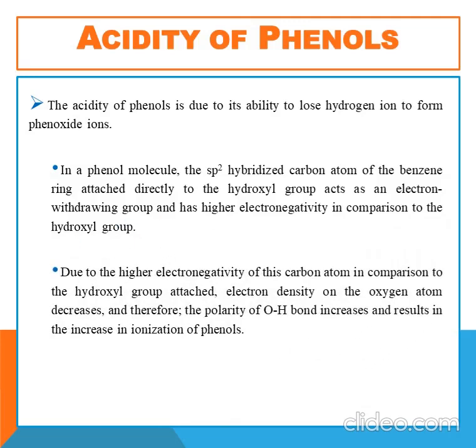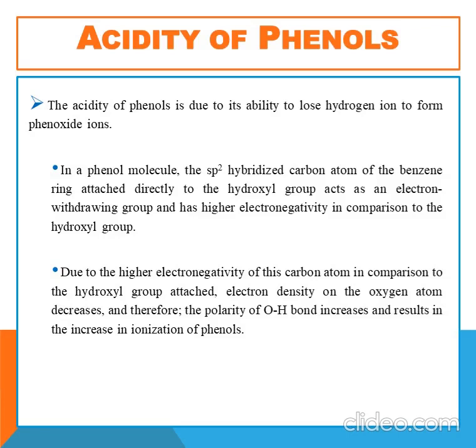Once the negative charge has been taken, what happens? Due to the higher electronegativity of this carbon atom in comparison to the hydroxyl group attached, the electron density of the oxygen atom decreases, and therefore the polarity of the OH bond increases and results in the increase in ionization of phenols.